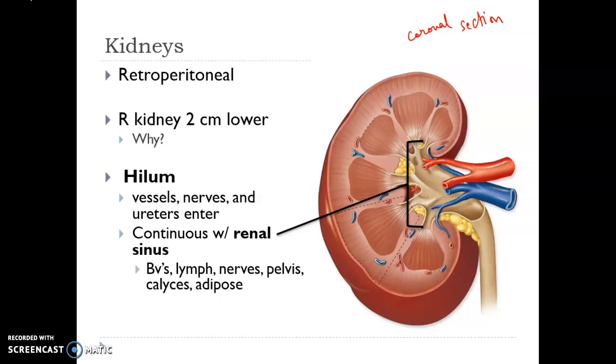Now, is this 100% surrounded by the visceral peritoneum? No. So kidneys are retroperitoneal, meaning they are not 100% surrounded by the visceral peritoneum. Another fun fact, your right kidney is placed 2 cm lower as compared to the left kidney. The reason being there is this gigantic liver sitting on the right side. That is why the kidneys have to accommodate the huge liver.